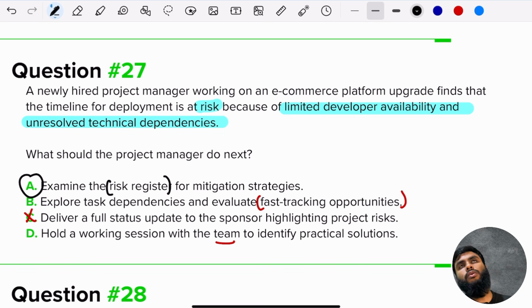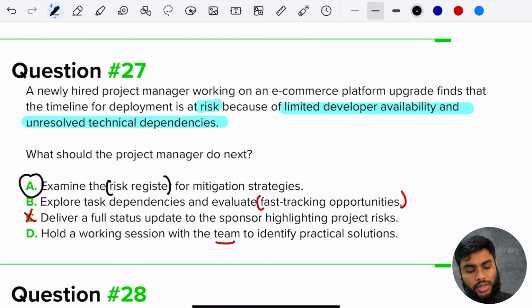The risk register, any register for that matter, stakeholder register, risk register, all these registers. Just think of it as a cash register. Anytime you have cash coming in, you open that register up and you put that cash in there. Anytime you have a risk, you put that risk in the risk register with its respective information.